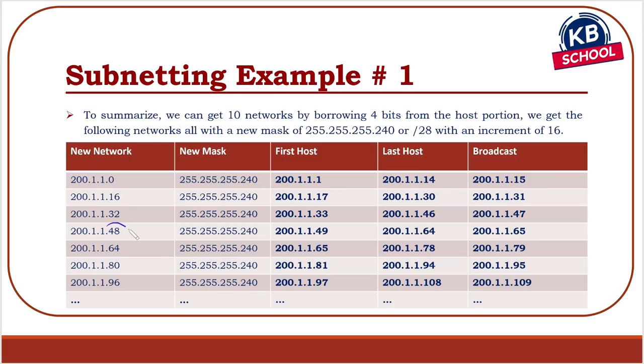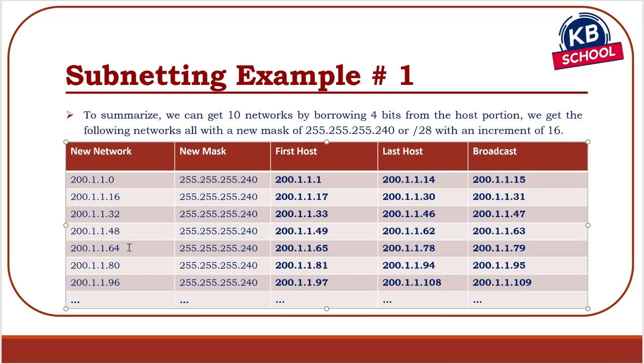Again, on the 48 network, 49 is my first usable one. 64 is my next network, so this is wrong. This should be what over here, guys? 63 as my broadcast on this network, and this would be 62 as my last usable one.